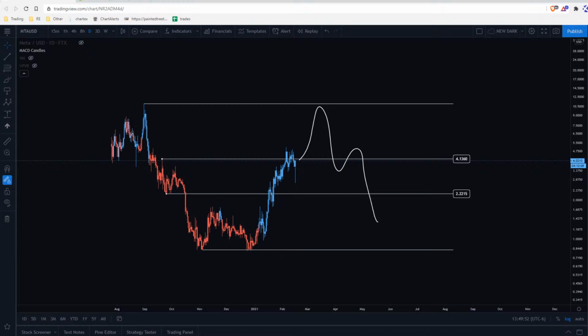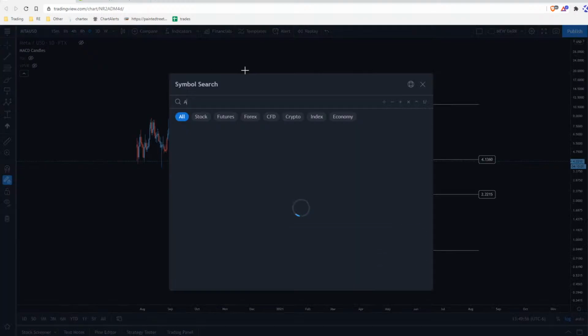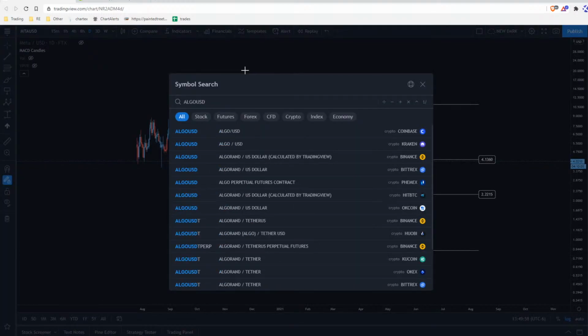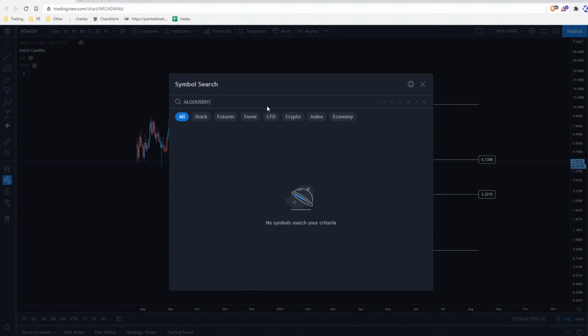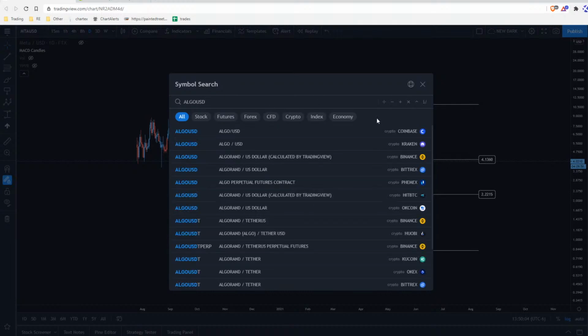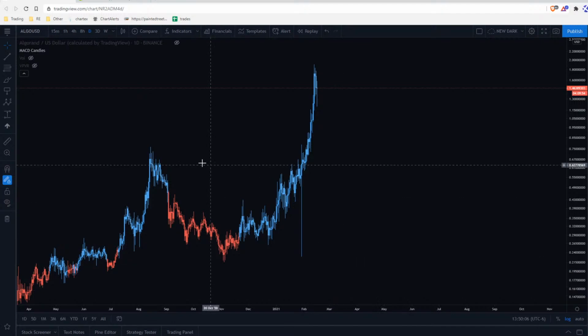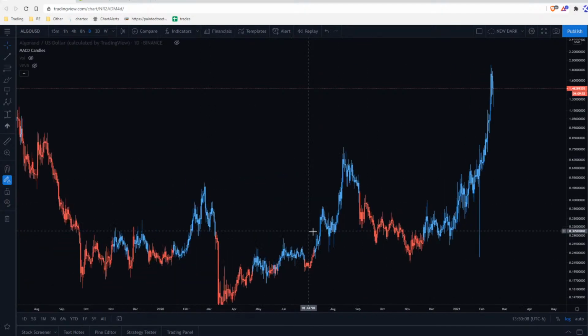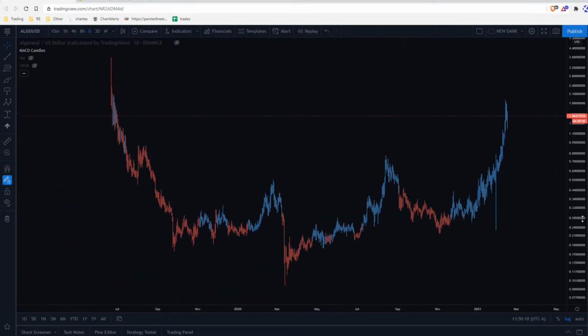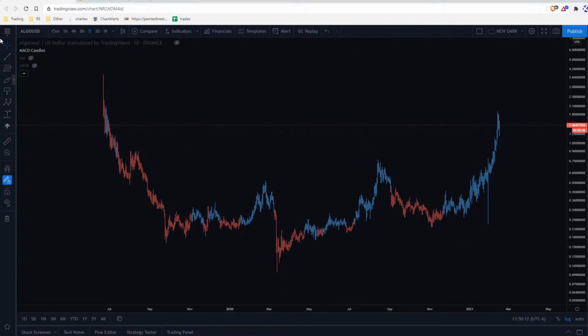MTA, XTZ, link. Algo is not a chart I'm familiar with. This is interesting to me because this is the same structure we see on XTZ.